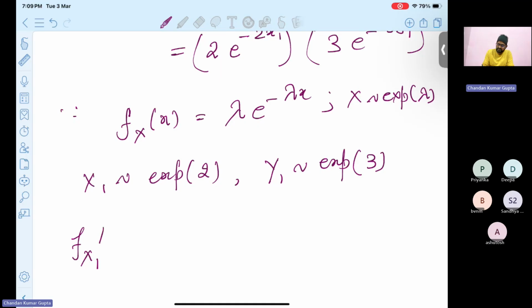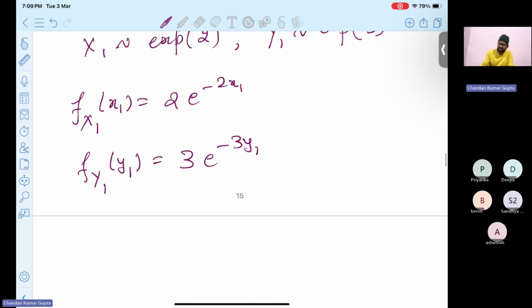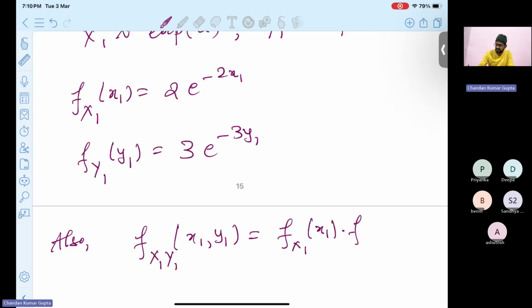So f of x1 comes out to be 2 e to the power minus 2x1, and f of y1 comes out to be 3 e to the power minus 3y1. And here you may see f of x1, y1 comes out to be f x1 of x1 into f y1 of y1.